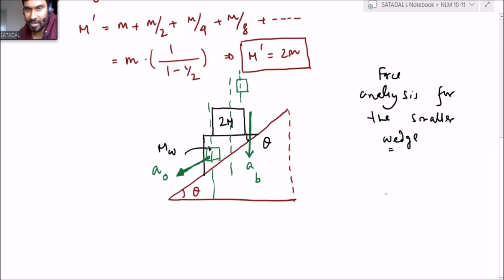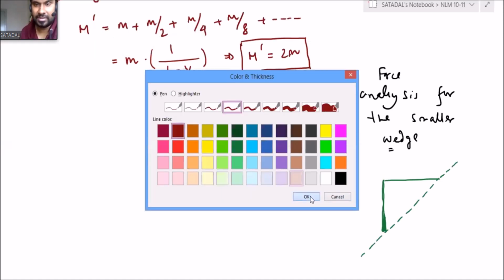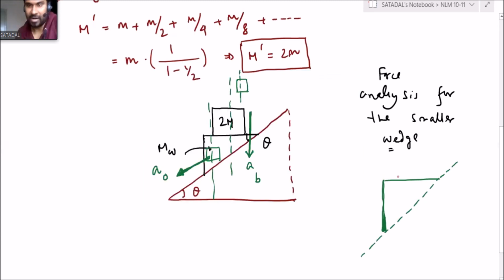Everyone, please look at it carefully. I'm writing the force equation for the smaller wedge. The bigger wedge will supply some kind of normal reaction, in some direction. Let us call this N2.